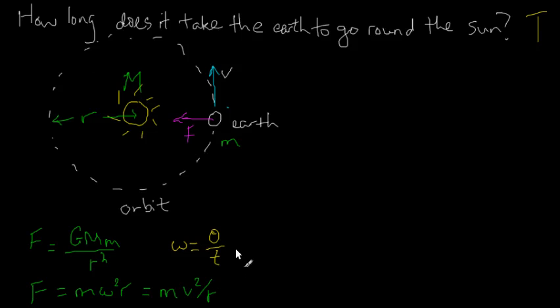Okay. So in this period t, the time it takes for the Earth to go around the Sun, the angle would be 2 pi. 2 pi is the same as 360 degrees. So 2 pi radians. So this is another way I can write the angular velocity in terms of the period of revolution.